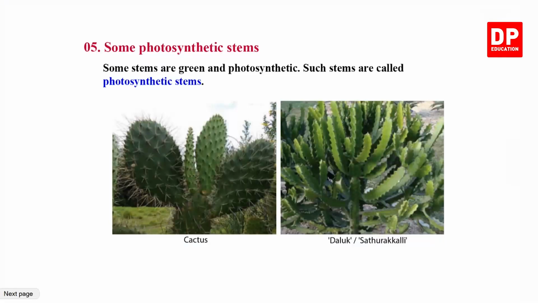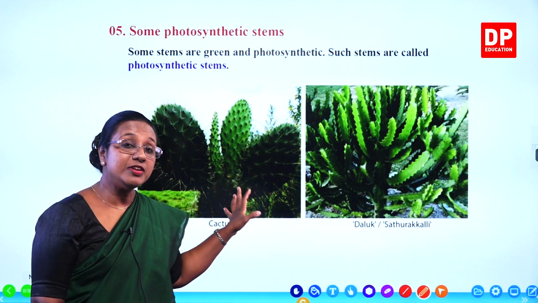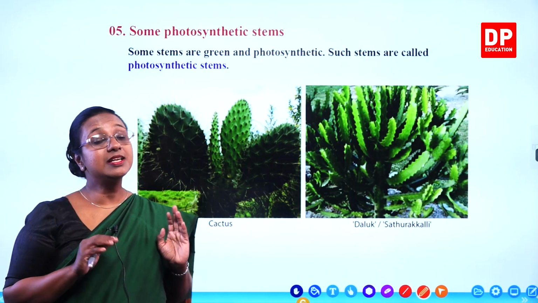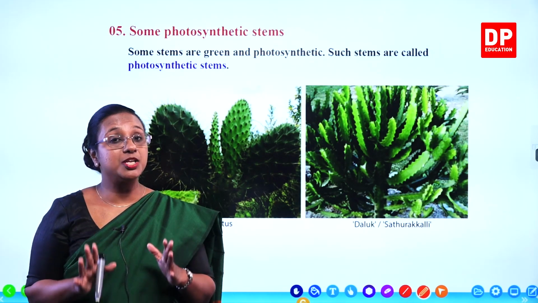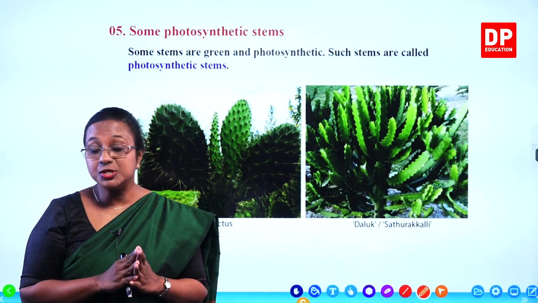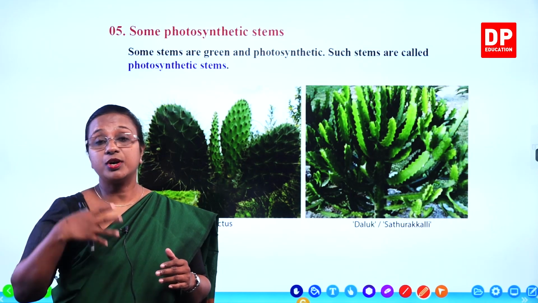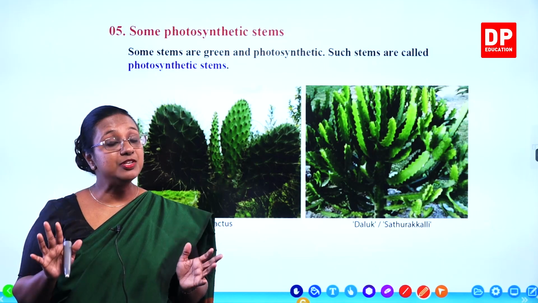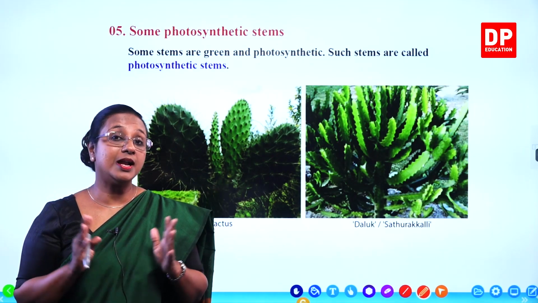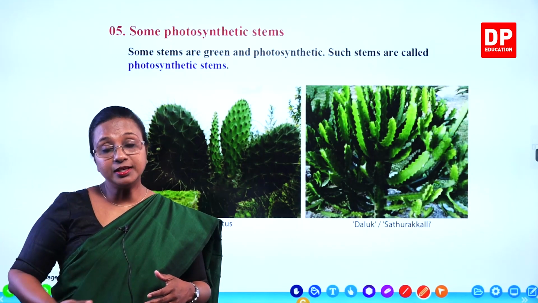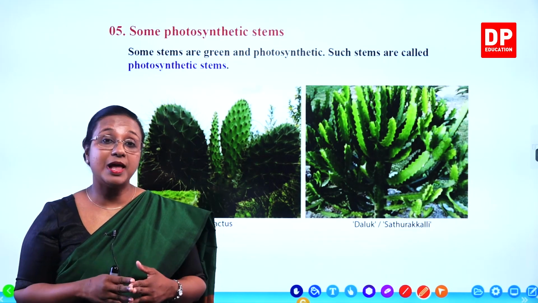So with that, I will move on to the next one, some photosynthetic stems. Now we have discussed this before also. When we discussed leaves, you can remember I told you all about transpiration. What is transpiration? Evaporation of water from the plants. And we saw that is useful for the plant, how it helps to absorb and transport water to the upper parts of the plant.